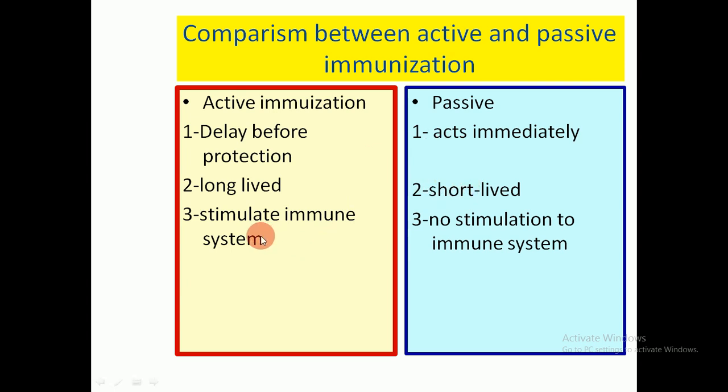And active immunization stimulates the immune system, so it gives long-lived immunity, while passive immunity has no stimulation of the immune system because the individual took ready antibodies injected into his body.